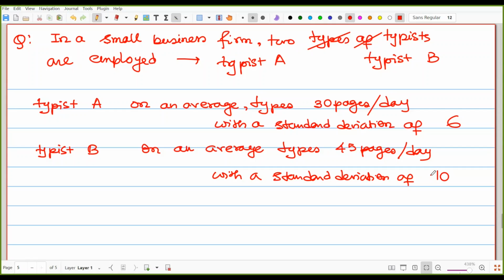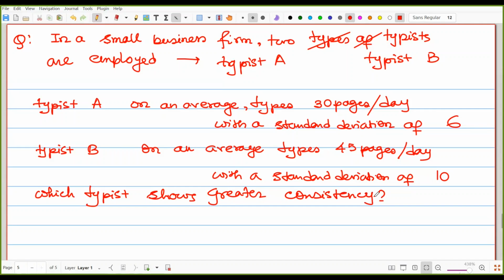Now the question is, which typist shows the greater consistency? So that is a very generalized problem.